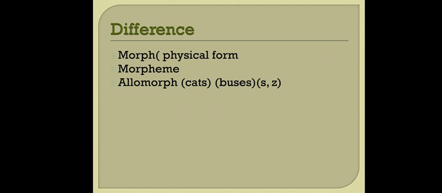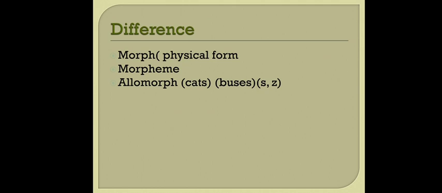In the word cats, there are two morphemes, cat and s. Cat tells you the meaning, an animal, and s shows the plural. But there is a phonetic variation between the two.